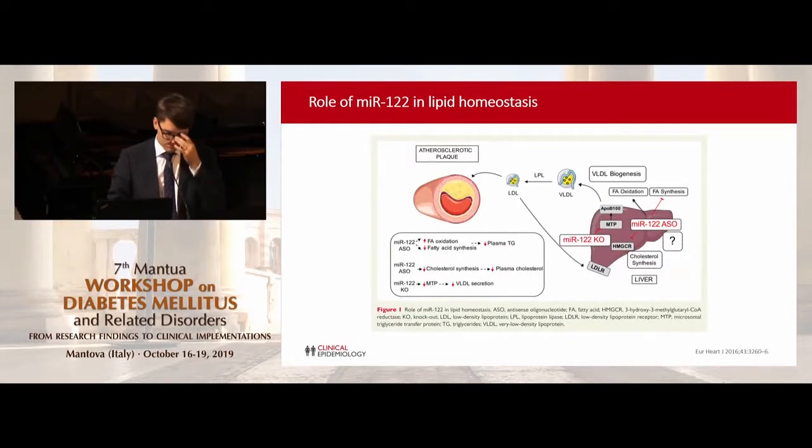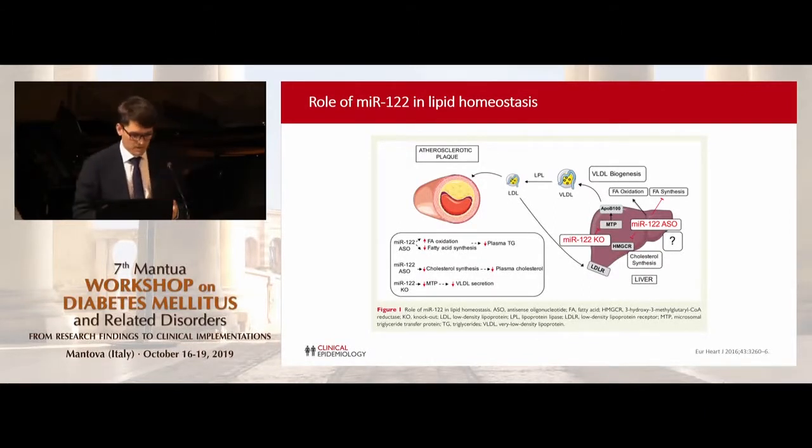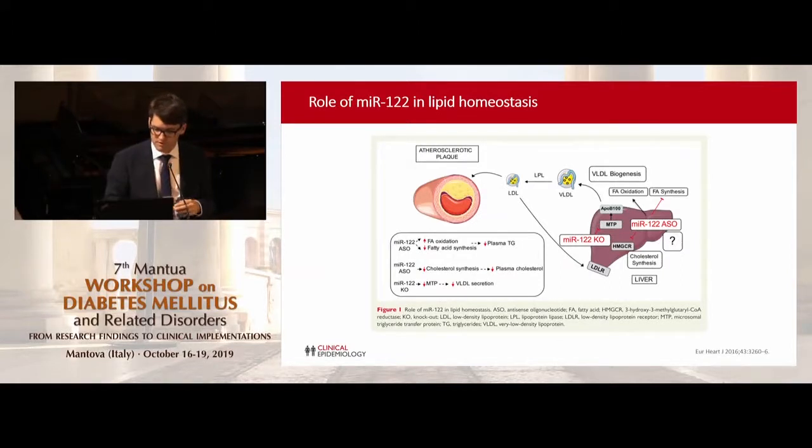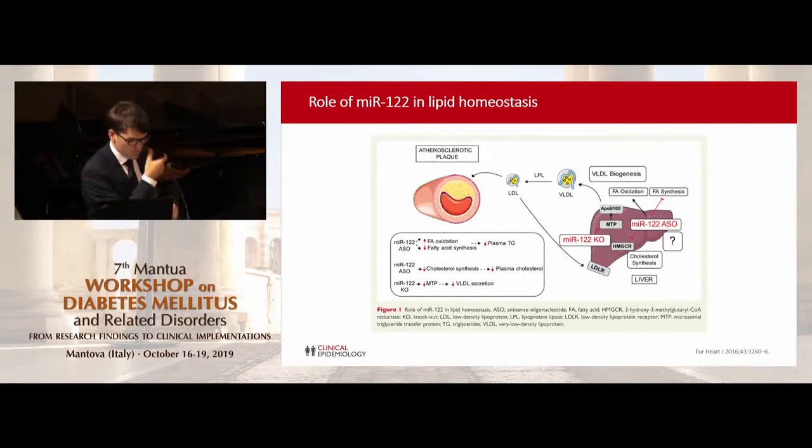If you would like to do some further reading and get a broader overview of what has been published up to the year 2016, I can also refer you to a review that we have published in the European Heart Journal in 2016 that summarizes the putative role of microRNA 122 in all these processes.